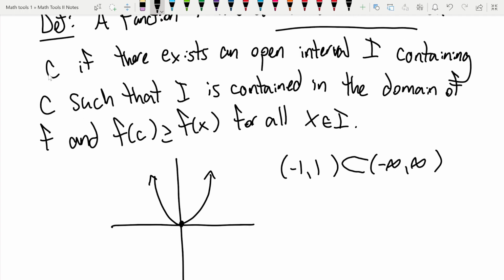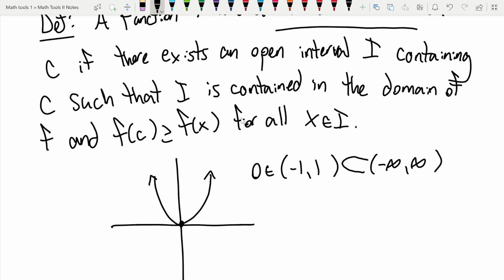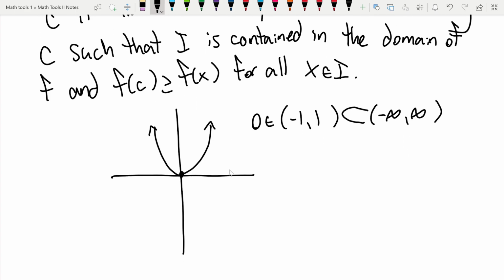So let's just make sure we have all the conditions here. We're looking at c equals 0. So there's an open interval I containing c, right? 0 is definitely in negative 1 to 1. It's contained in the domain of f, and then we need f of c, in this case, less than or equal to f of x.